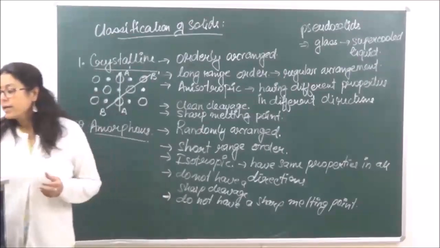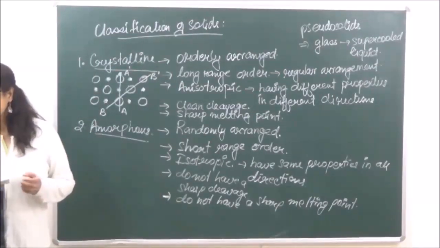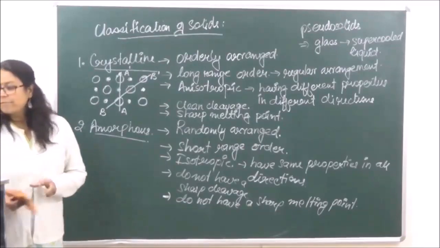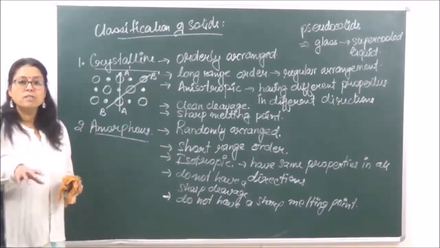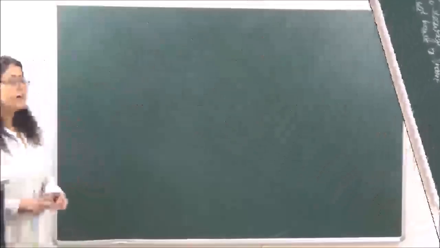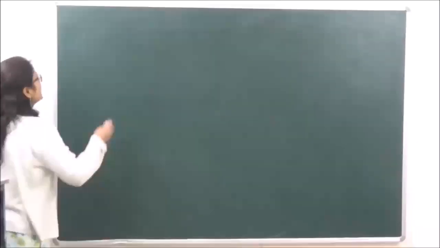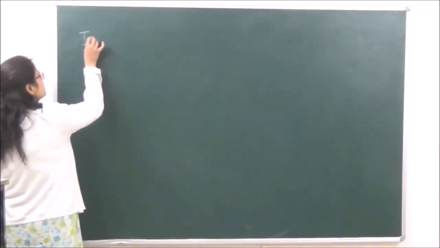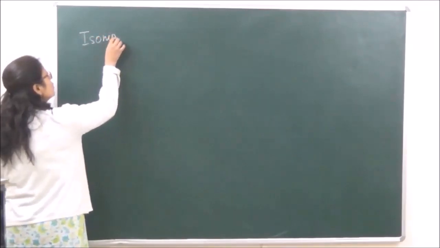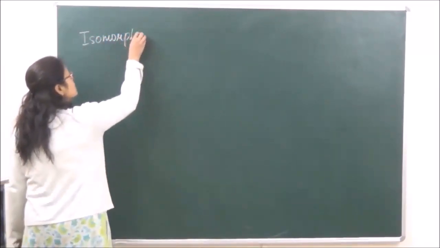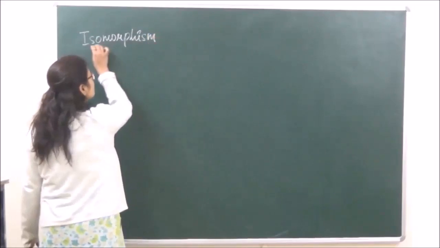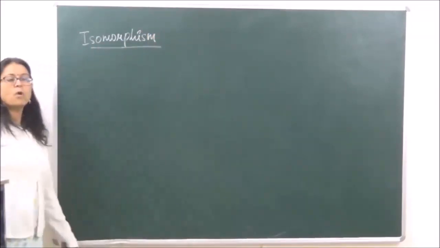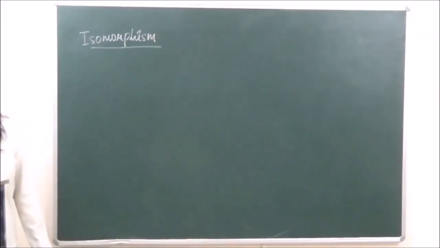Okay. Now, इसके साथ साथ there are two terms which you should know. The difference between isomorphism and polymorphism. So what do we understand by two terms? One is isomorphism. What do we understand by this term?